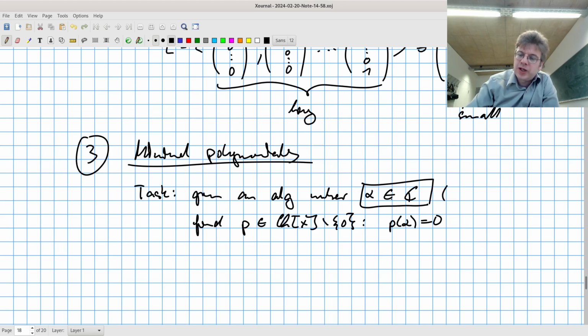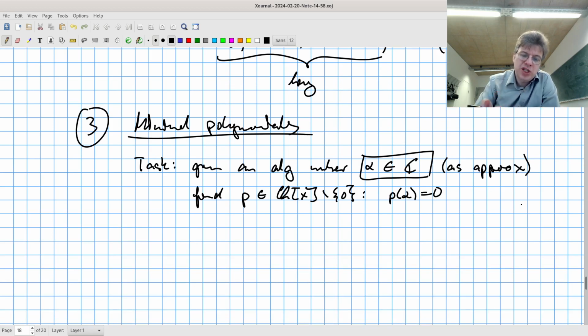So I assume that alpha is given as an approximation. And I want to recover from the approximate value of alpha as a complex number the coefficients of p. P doesn't necessarily have to be the smallest polynomial. I'm already happy if I find some polynomial that throws the alpha to 0.